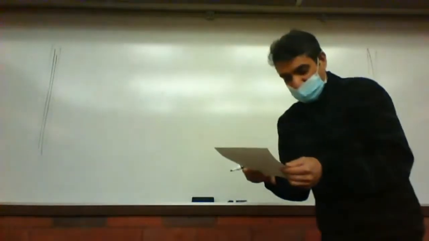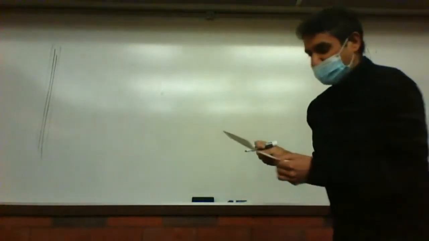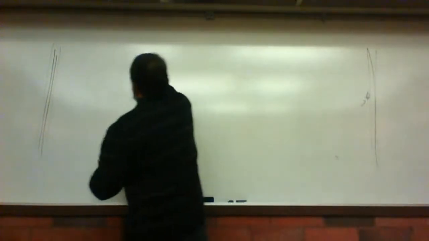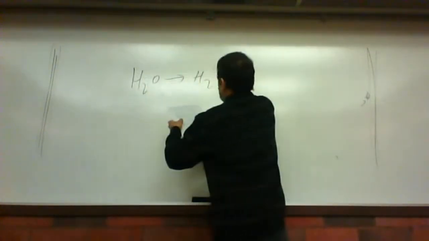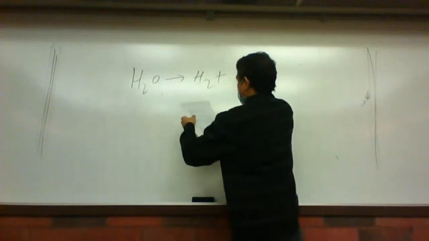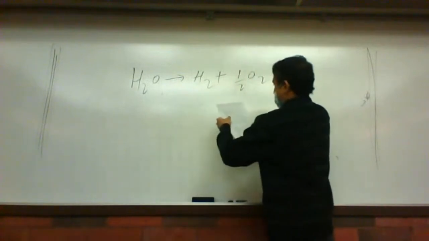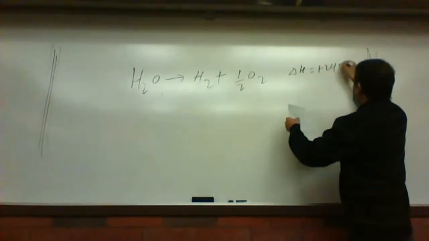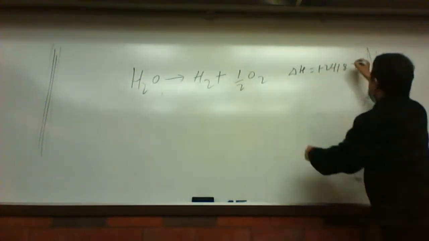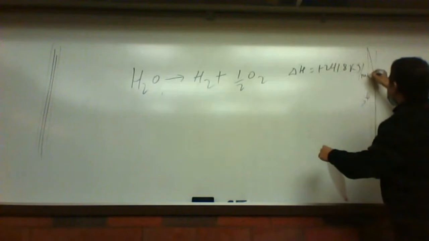So I'm on slide number 3, and there is an equation. It says H2O is broken to give H2 plus half O2, and delta H is equal to plus 241.8 kilojoule per mole.